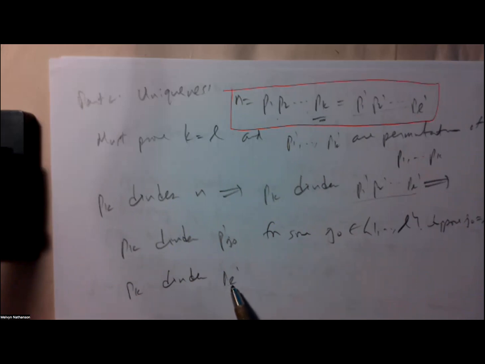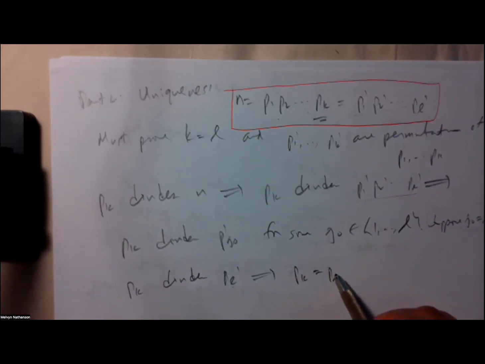But these are primes. The only divisors of a prime are itself and 1. So if something divides p sub l prime, it's either 1 or itself. It's divisible by a prime, and a prime is bigger than 1. So p sub k must equal p sub l prime.